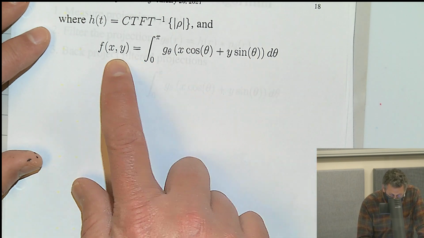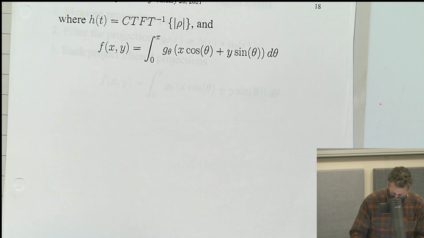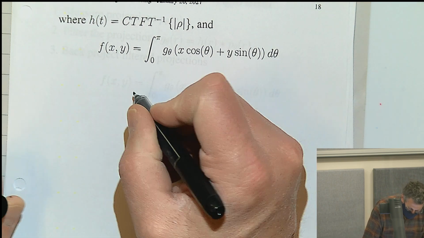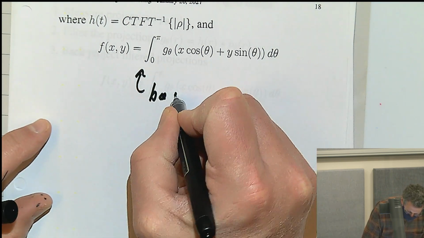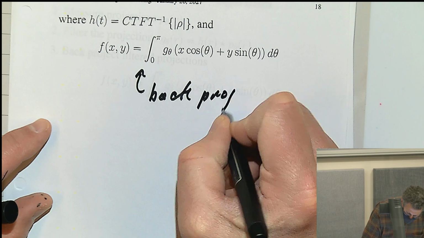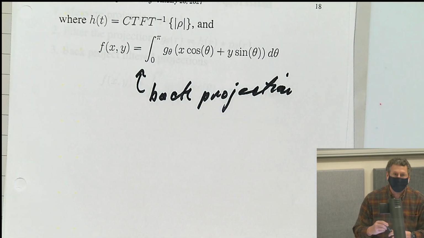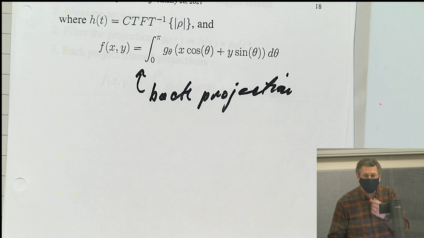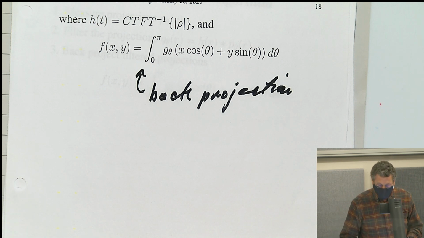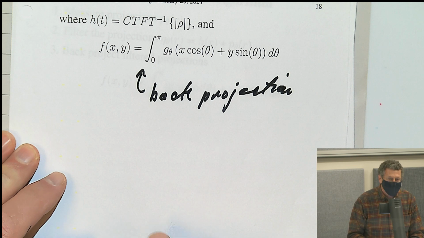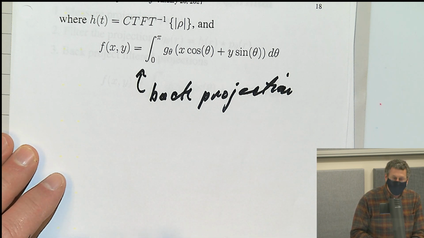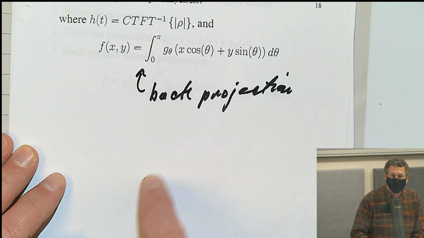This thing is called back projection. Back projection is the adjoint operator to projection. We know what projections are. Projections take the object and we do integrals along lines, right?